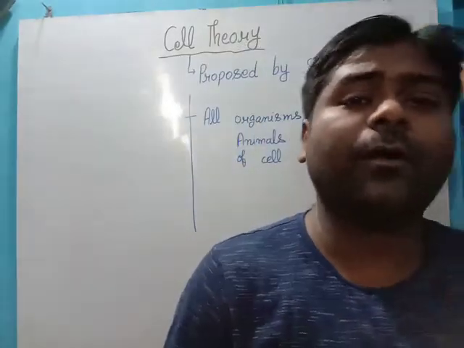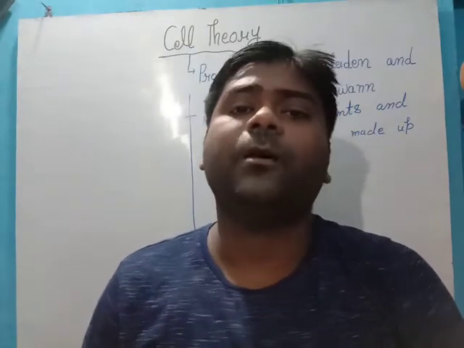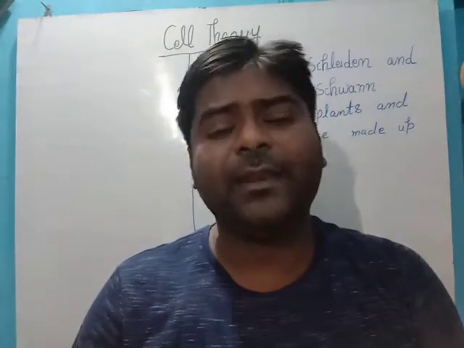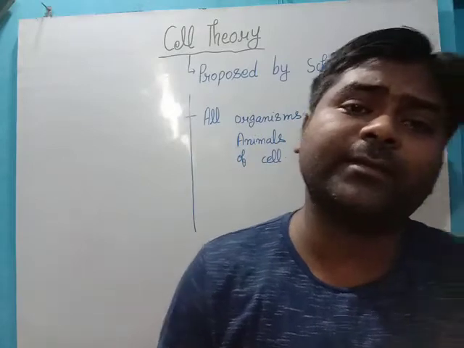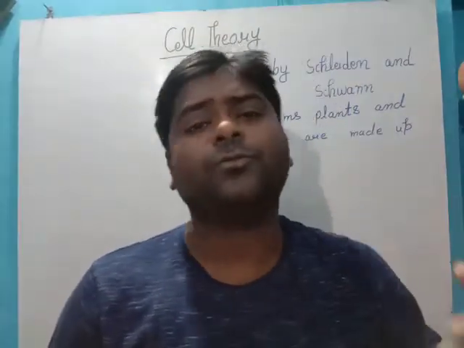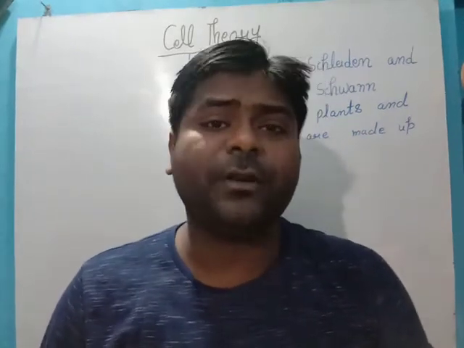And they told this on the basis of their observation, on the basis of their studies after Robert Hooke, because Robert Hooke only discovered, he did not have any explanation of the cell. Schleiden and Schwann together collected various specimens to get that point, that the cell is the unit of life.